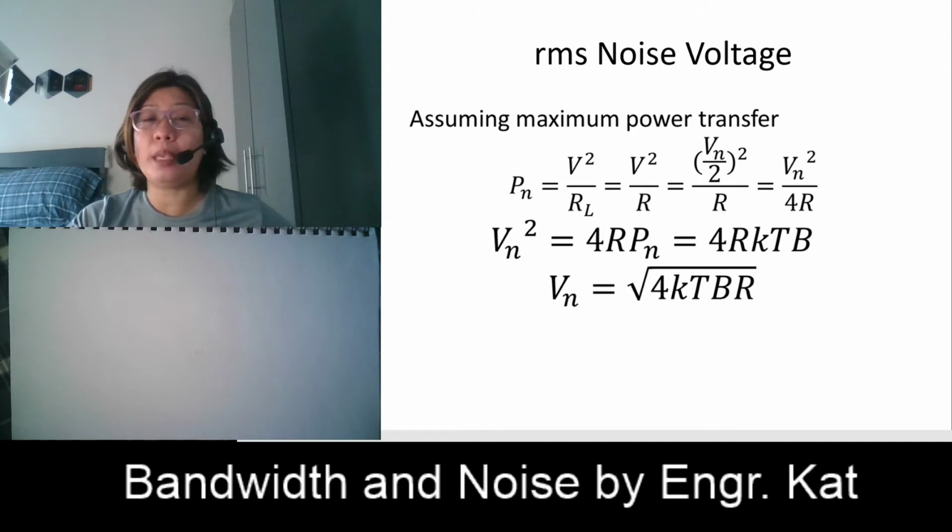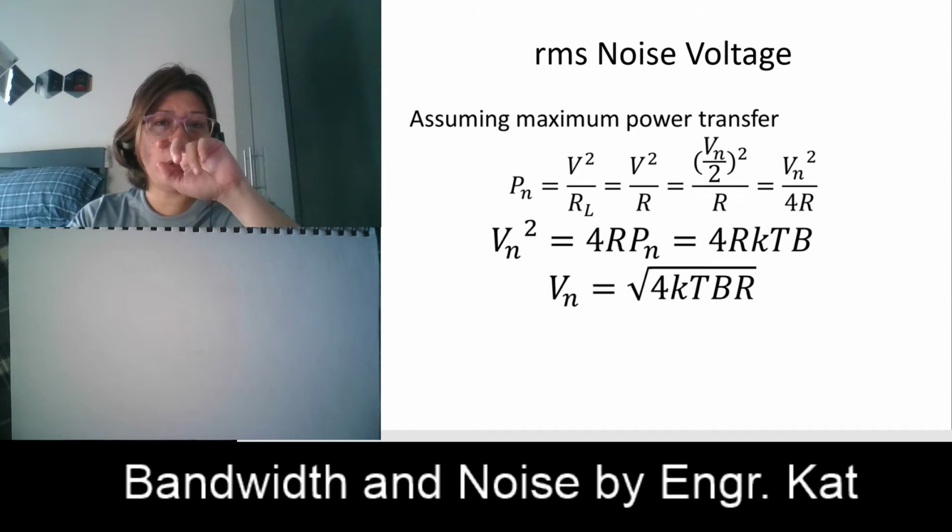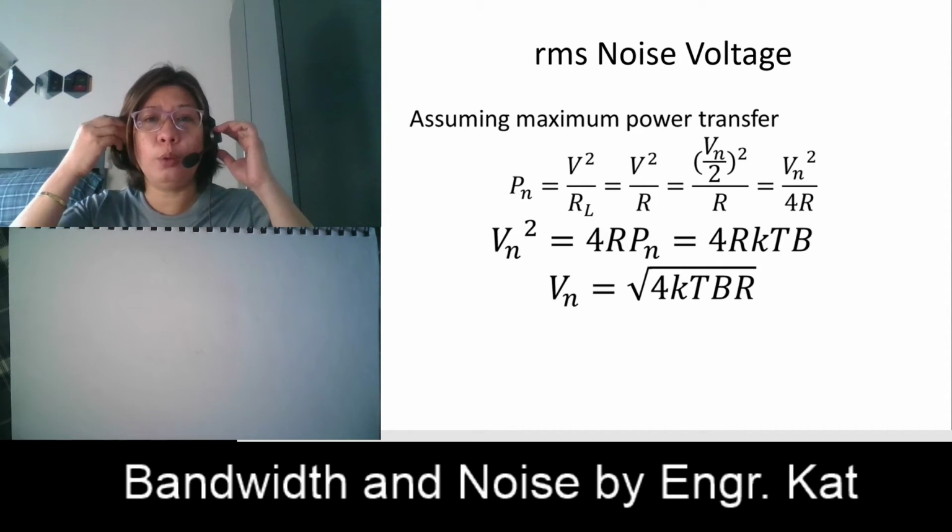Okay, so the noise source will be divided into two. So we have here (Vn over 2) squared divided by R. So that will give you Vn squared all over 4R. In solving for your noise voltage now, Vn squared is equivalent to 4R multiplied by Pn.